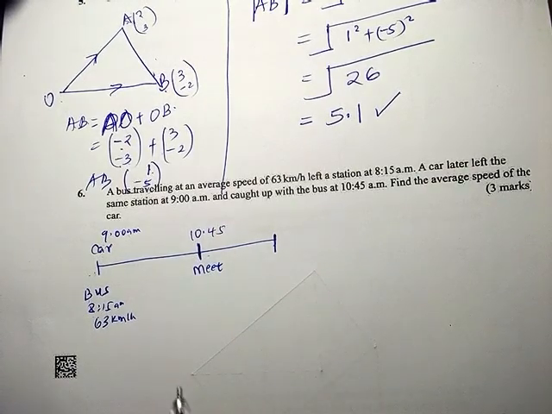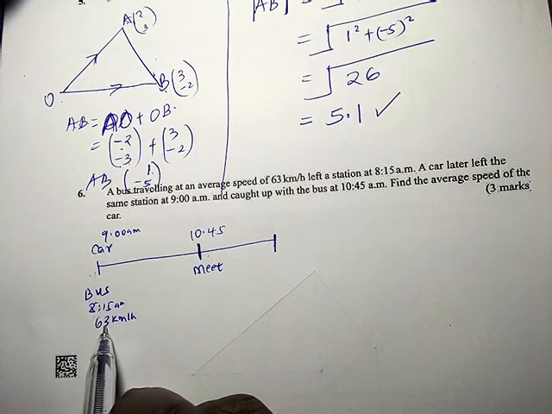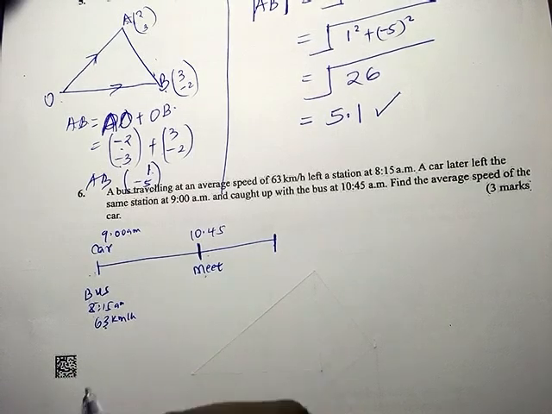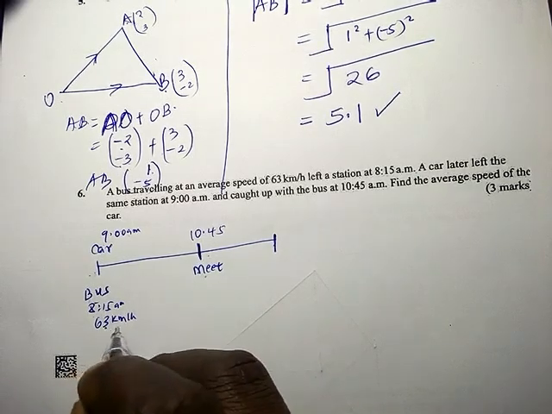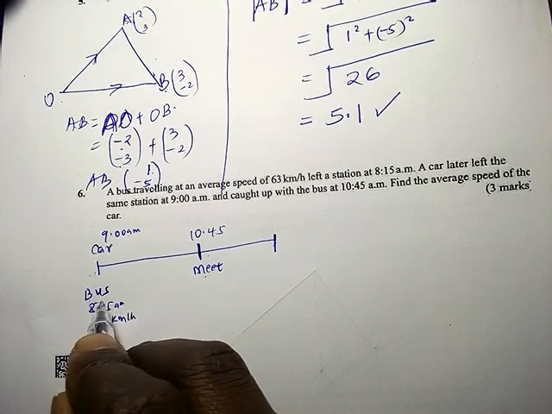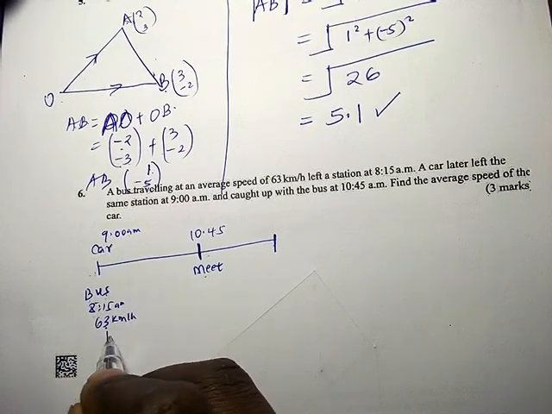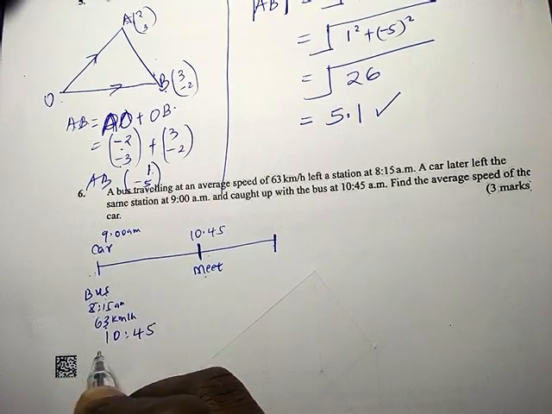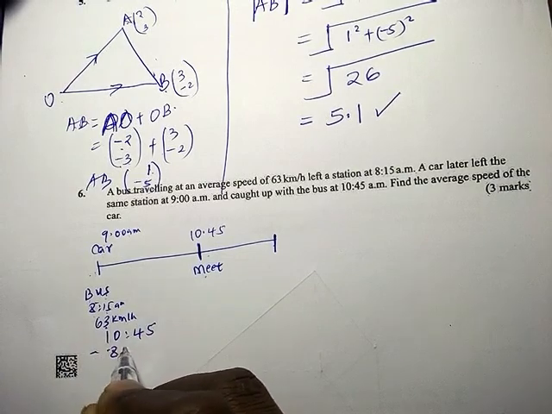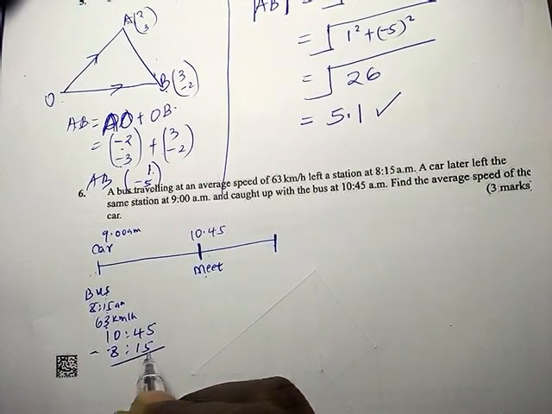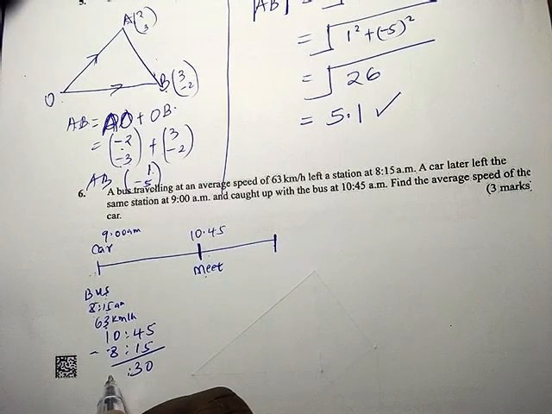So first we can get the distance by the bus because we have the speed, we have the time, everything we have. So the time taken for the bus to be caught up is 10:45, you subtract the time it started, 8:15. This one will give us 2 hours, 30 minutes. But we can get the distance now.